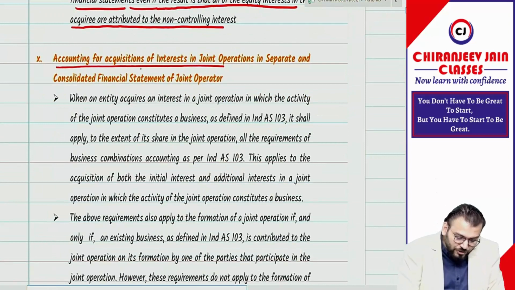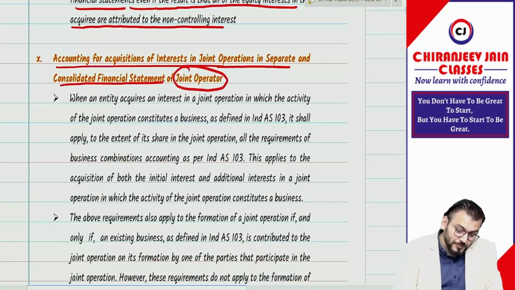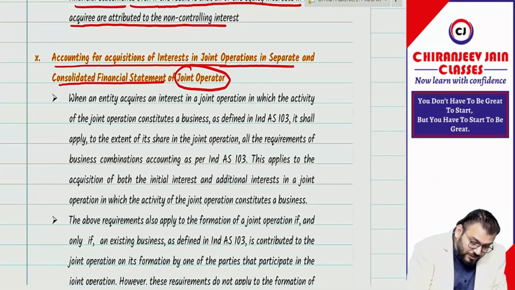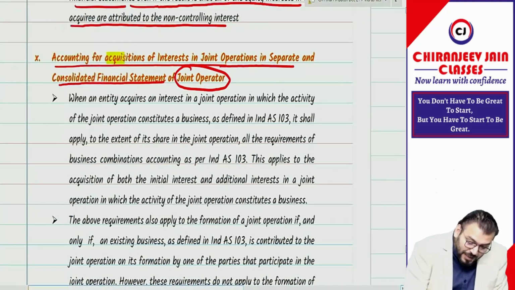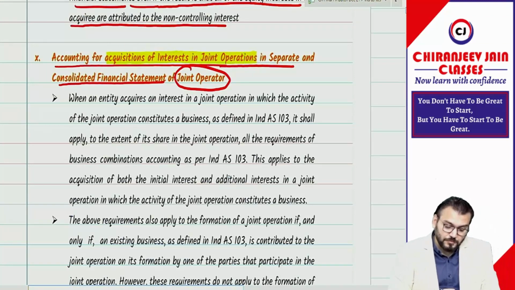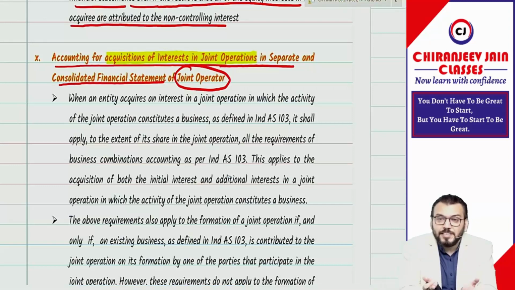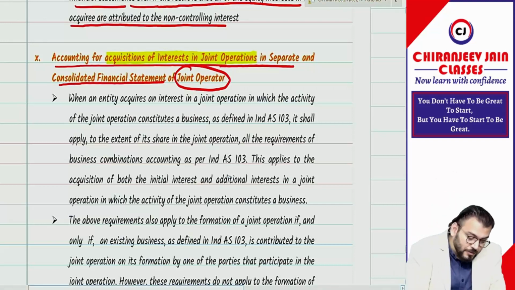Accounting for acquisition of interest in joint operation in separate and consolidated financial statements of the joint operator. So you can see, acquisition of interest. When you are acquiring interest in what? Joint operation. Have you understood? So what are they saying?